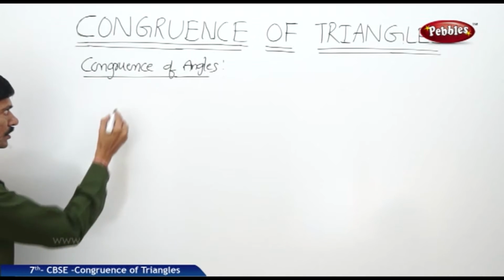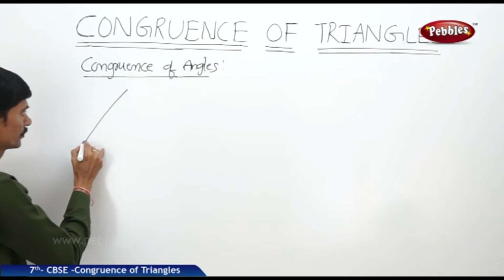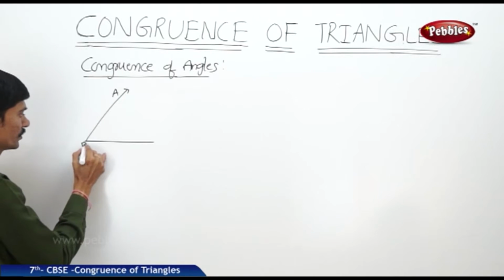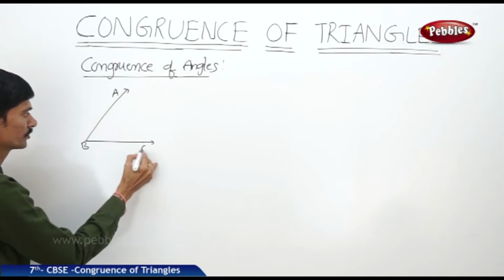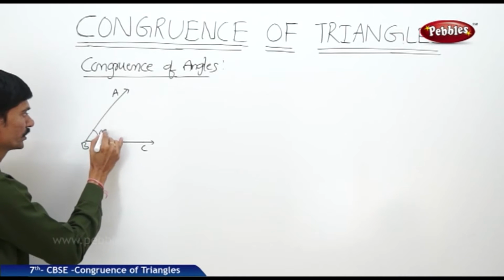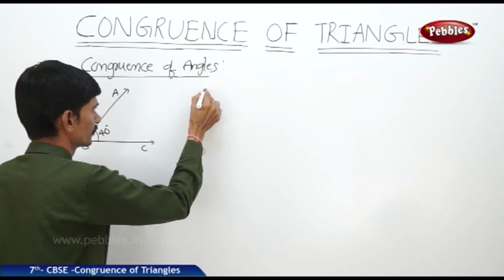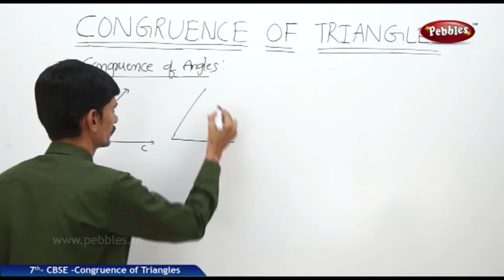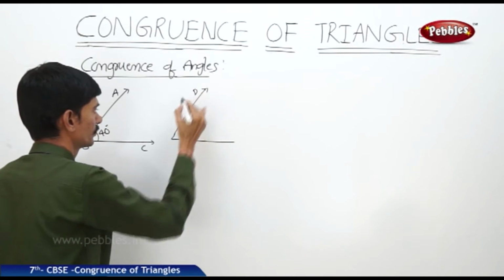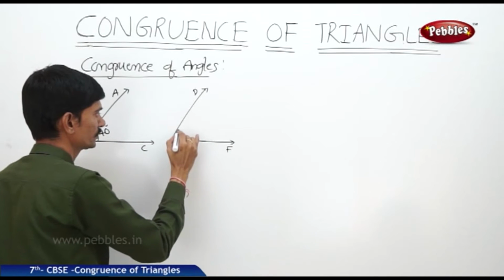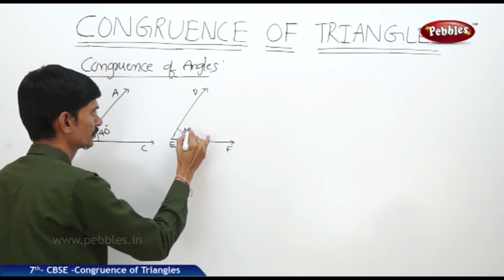Now let us take angle ABC whose measure is 40 degrees, and let us take the second angle DEF whose measure is the same, 40 degrees.